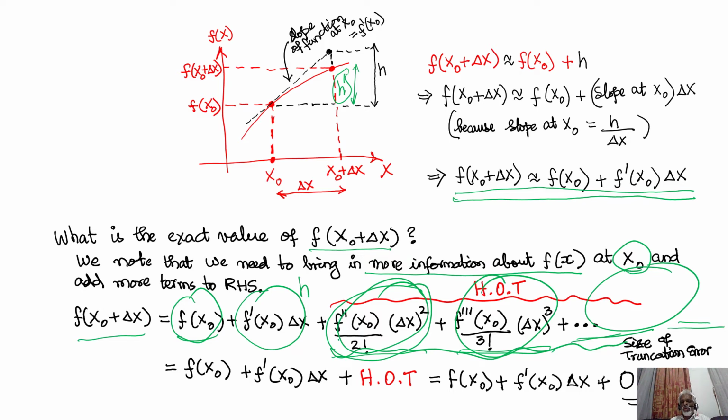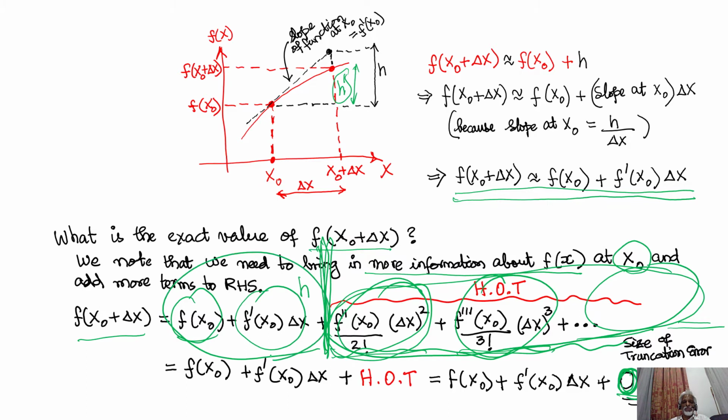All right. So if you group all these higher order terms together, HOT stands for higher order terms. If you group all these things together, you can say there are terms in this expansion that are of the order of, O means order of, delta x squared, because we are going to truncate here because we are often interested in linear approximation of the function. So we are going to truncate it here and retain only this part.